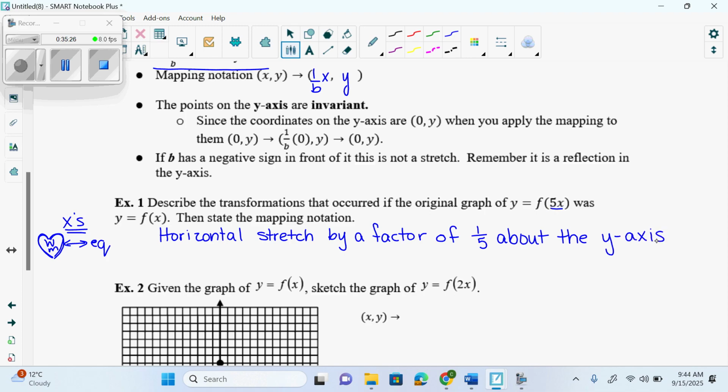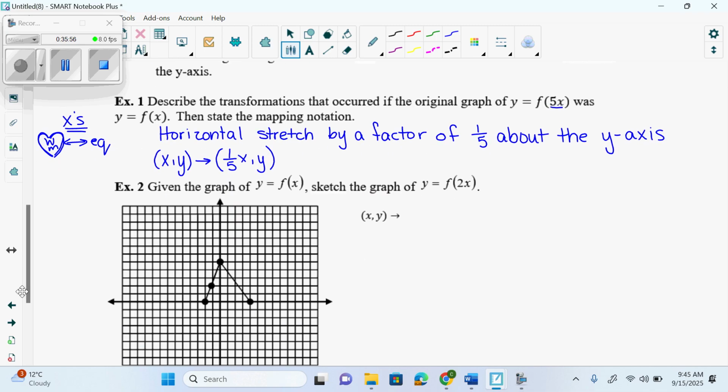And because I used 1/5 in words, I'm going to use 1/5 in mapping, because they're in a heart. Whatever I use in one, I use in the other. Very important. So we lock that in. Same thing. So I'm going to go x, y, and it's with my x, so it's going to be 1/5 x, comma, y.